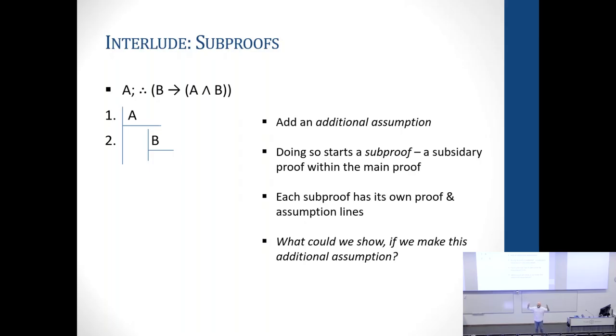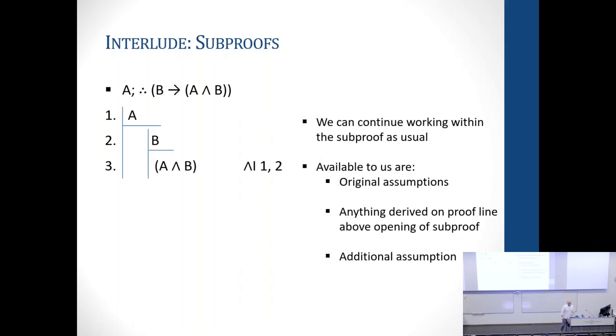So we can take those two and we can jam them together with conjunction introduction to give us A conjunction B. And we use conjunction introduction, we cite the sentences.